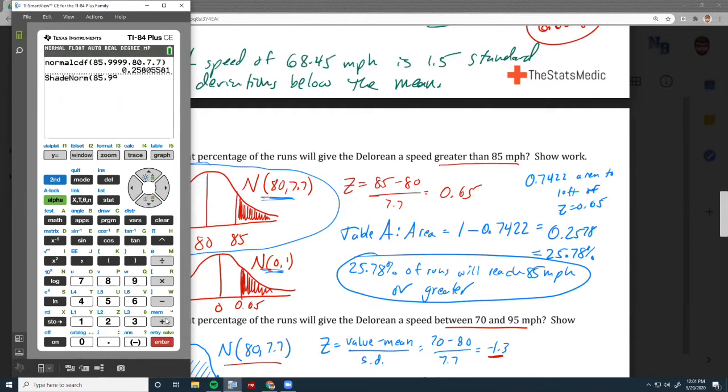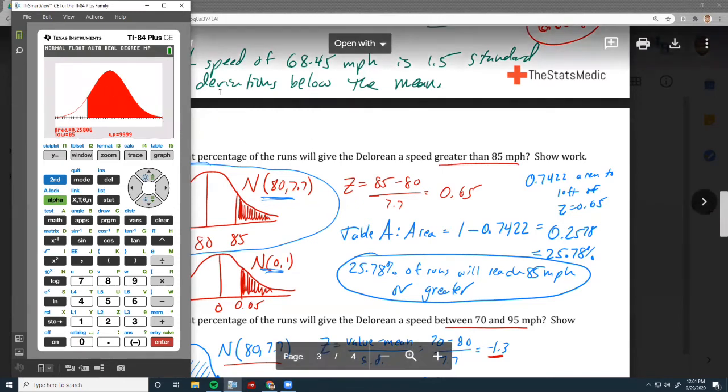And when you hit draw, you'll get this picture here with that same computation. Now, you do have to fool around with the window quite a bit to see this real nicely. So it might not be hugely worth your time, but you might want to play around with that as you go. So hopefully this was helpful, and let me know.